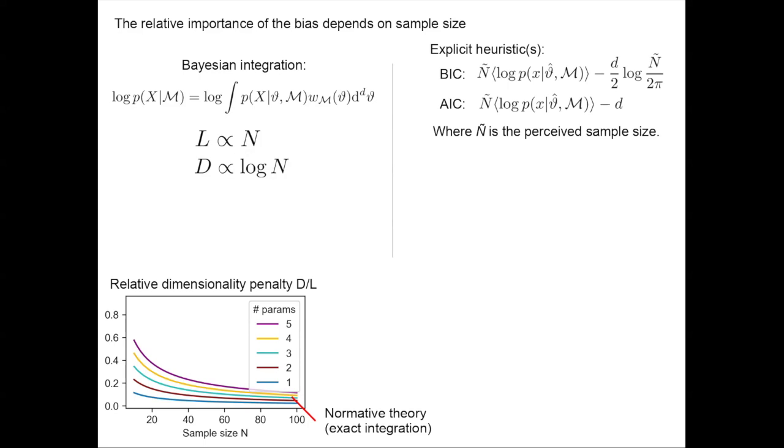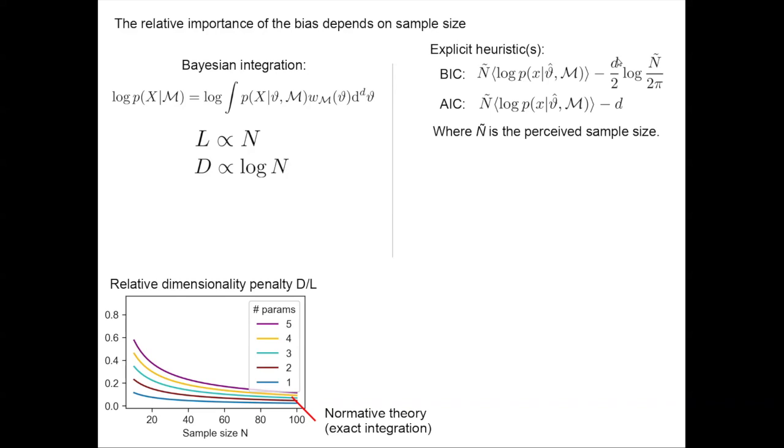For instance, here I've written two, one which is related to the BIC and also one which is related to this other model selection criterion that I was mentioning at the beginning, the AIC. But the idea is always the same: you consider some sort of average notion of goodness of fit averaged over the data points, and then you consider the dimensionality of your model, and then you manually weigh them, like you manually scale them based on how many data points you have, right?